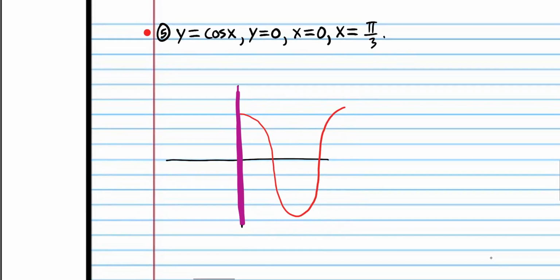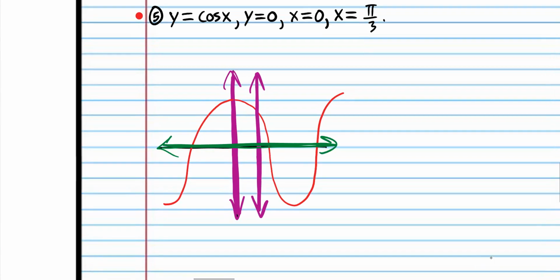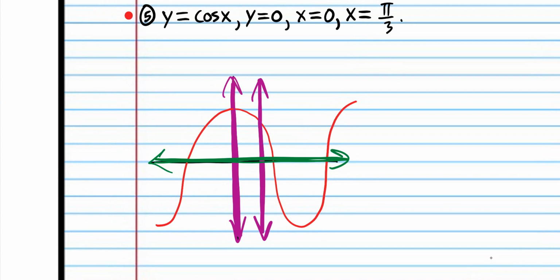And x equals pi over 3, that's going to be somewhere here. Again, your graph doesn't have to be perfect. Y equals 0 is the x-axis, that's this line here, the green line. And the region bound by these graphs that we're interested in is going to be this yellow region here.